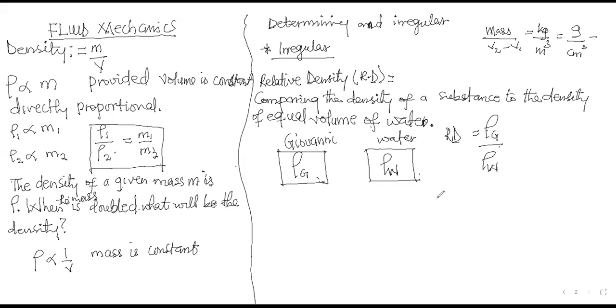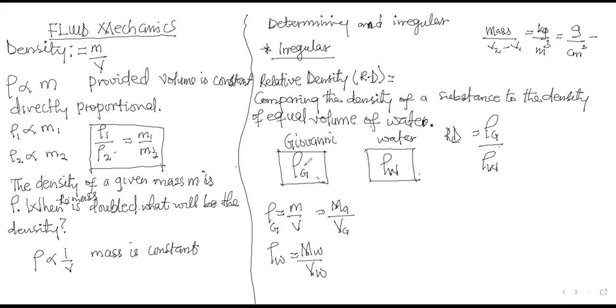an equal volume of water. Another way is that density is mass over volume. So density of Giovanni equals mass of Giovanni over volume of Giovanni. Then density of water equals mass of water over volume of water.